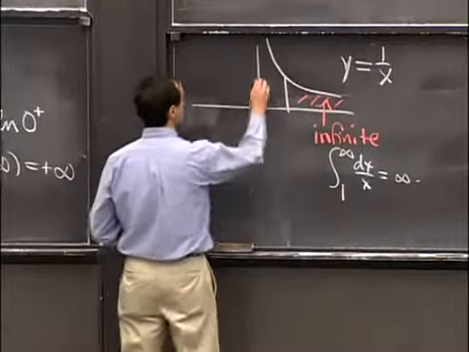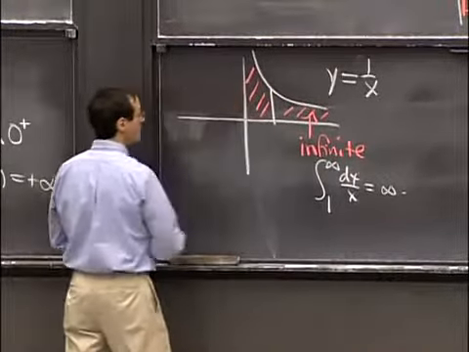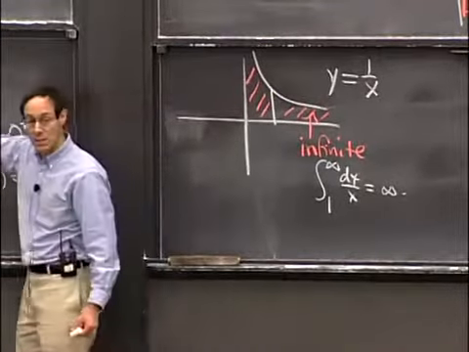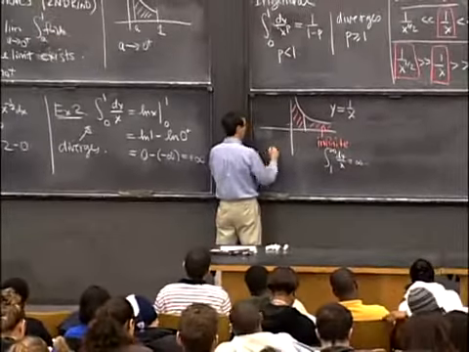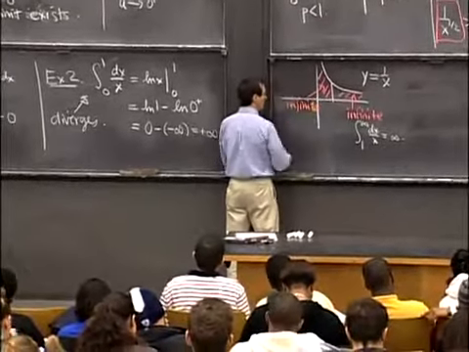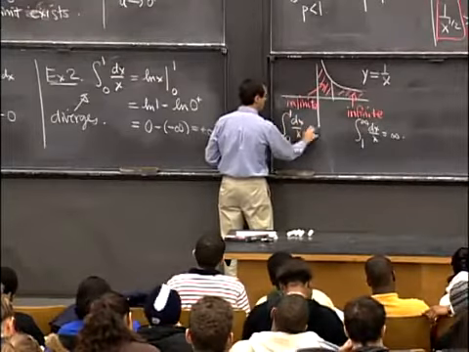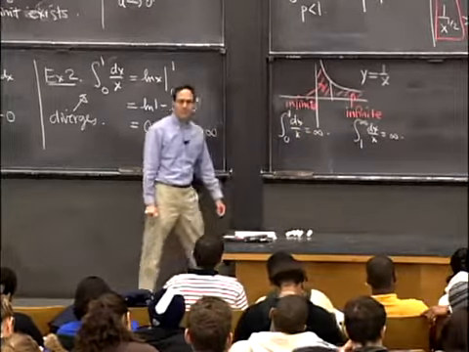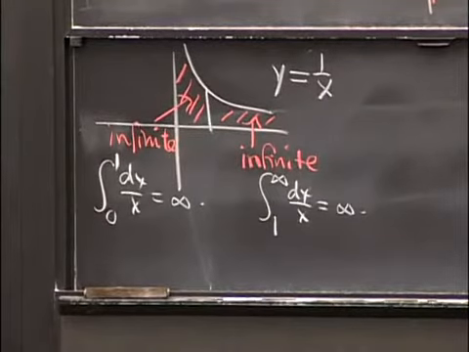And the other piece, the one that we calculated last time, here in example 2, has the same property. It's infinite. And that's the fact that the integral from 0 to 1 of dx over x is infinite. All right, so we lose on both ends.